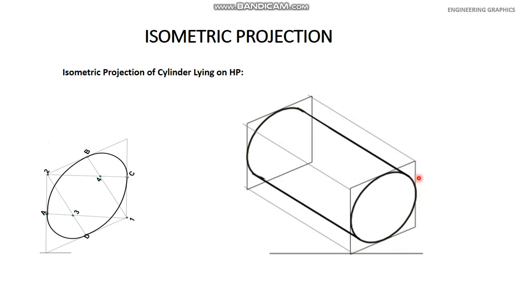Okay, so in this square you have to draw the circle with the help of four center method, and now the corner of this square should be extended at an angle of 30 degree to this baseline, and this length should be equal to the length of the cylinder, and then draw a square with the same dimensions as drawn before here.